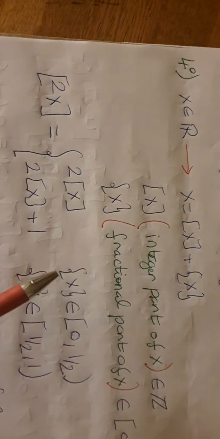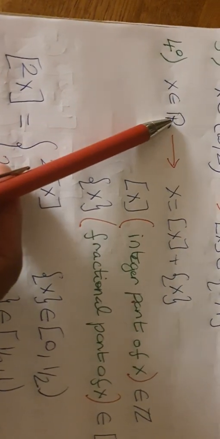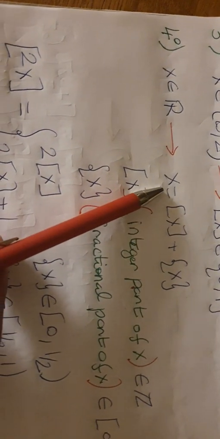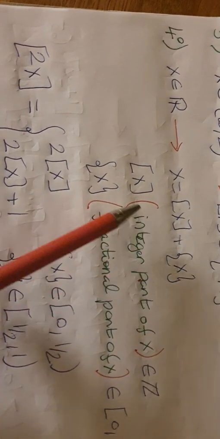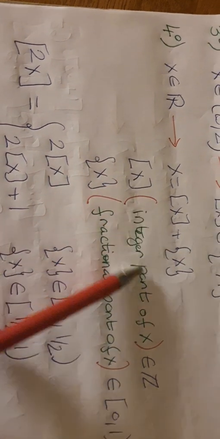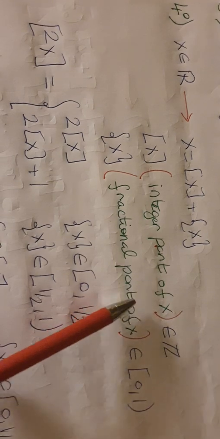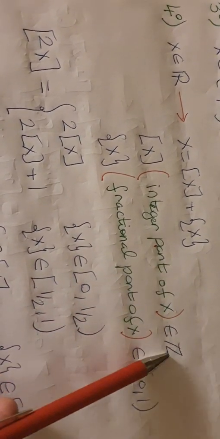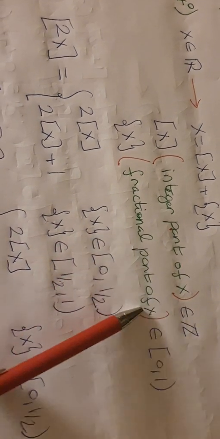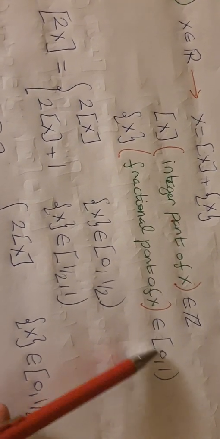Now, moving forward, if x is any real number, then x can always be written as the sum of two components, namely the integer part of x and the fractional part of x. The integer part of x, as it sounds, is an integer, and the fractional part of x is a real number that lies in the semi-open interval [0, 1).